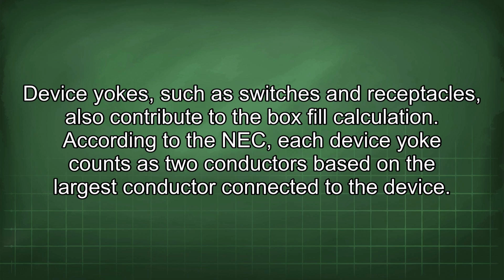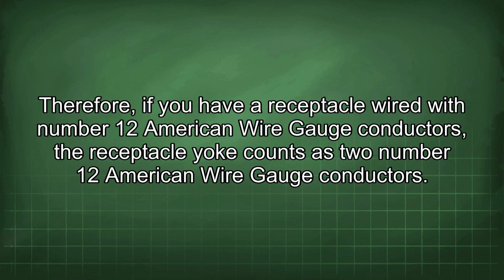Device yokes, such as switches and receptacles, also contribute to the box fill calculation. According to the NEC, each device yoke counts as 2 conductors based on the largest conductor connected to the device. Therefore, if you have a receptacle wired with number 12 American wire gauge conductors, the receptacle yoke counts as 2 number 12 American wire gauge conductors.